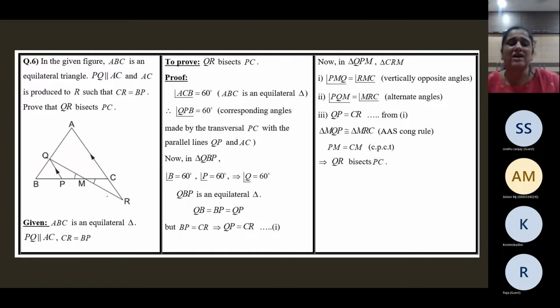Proofs, it's difficult for me if I read, that's why I'm not using this. What I just said is what is here. Let me also just see it once. QR bisects. You can also go through the proof.